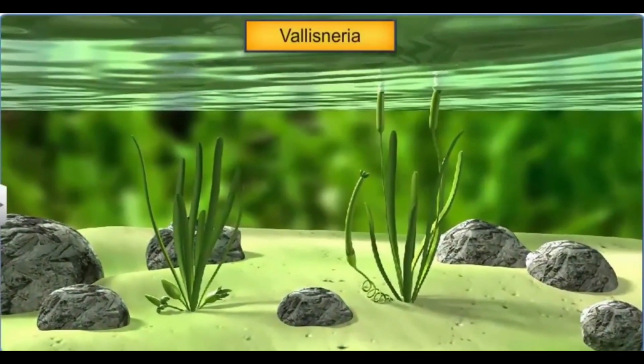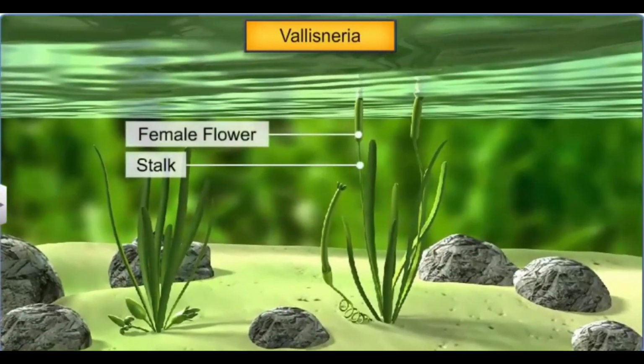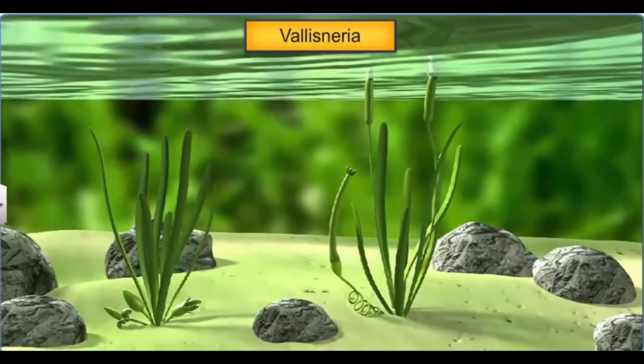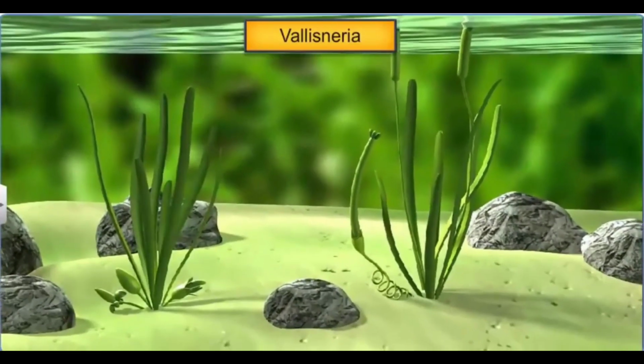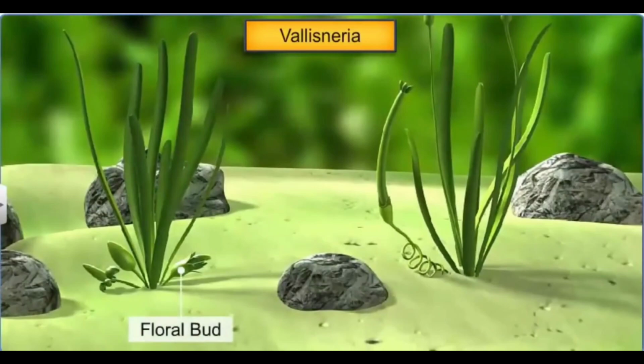In Vallisneria, for example, the female plant produces a long-stalked female flower that reaches the surface of the water. The male plant, on the other hand, remains submerged in water, where it produces several tiny floral buds.